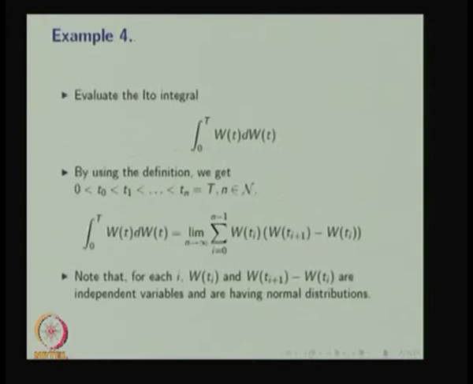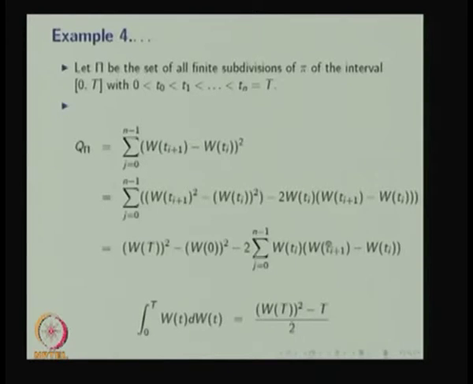What we want is the limit as n tends to infinity of the sum over i equal to 0 to n minus 1 of W of t_i with the difference. But what we are defining now, Q_Pi, is nothing but the sum of the differences whole square, that is, of W of t_(i+1) minus W of t_i, squared.